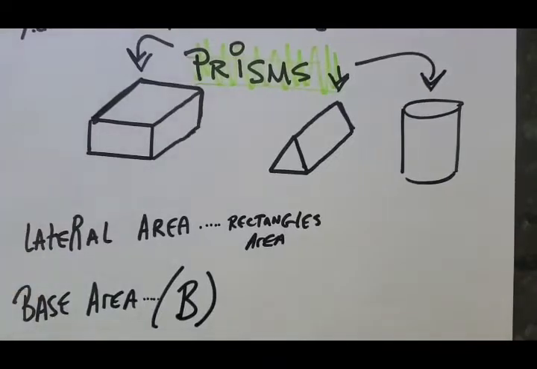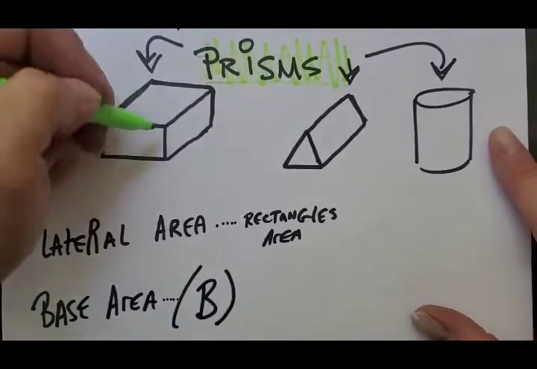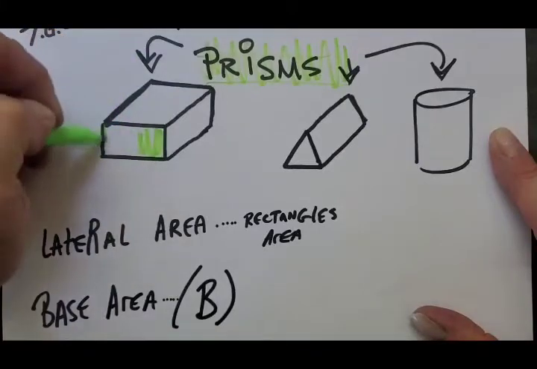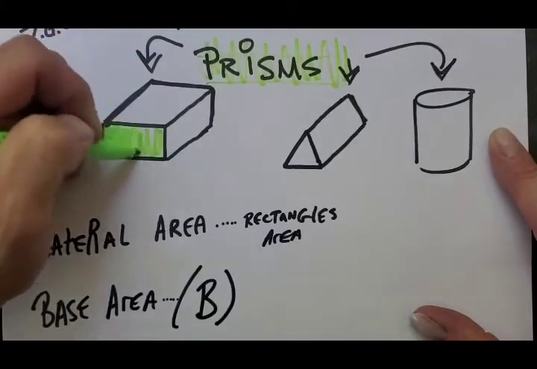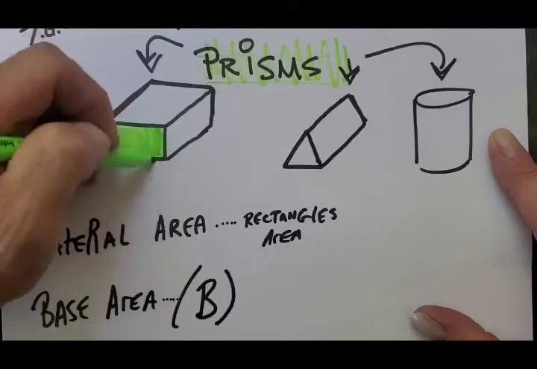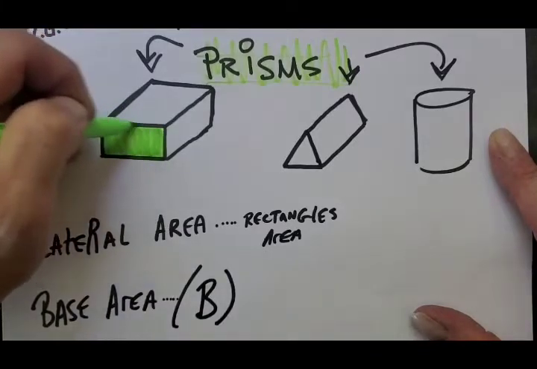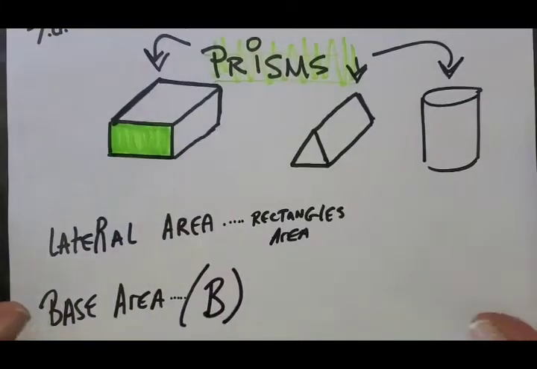Okay? So basically, prisms have a couple parts to them. They have a base, and the shape of this base is pretty much how you name the prism.